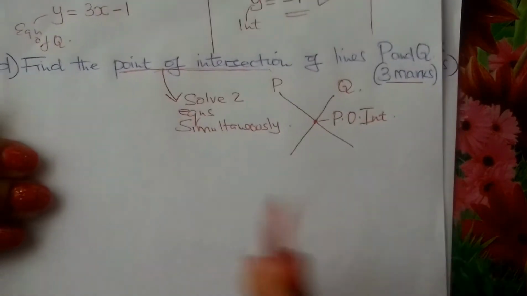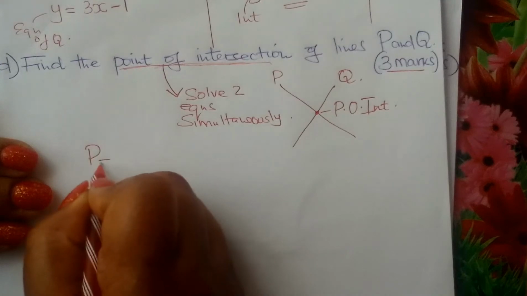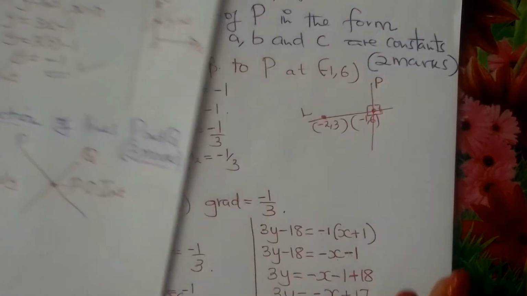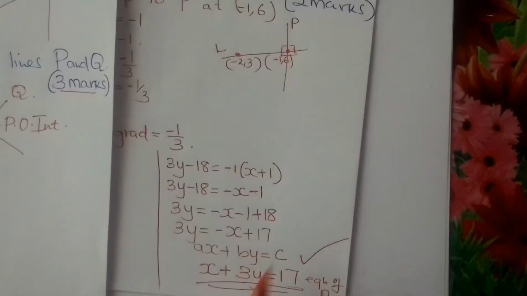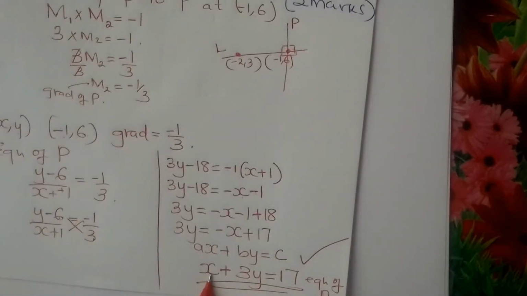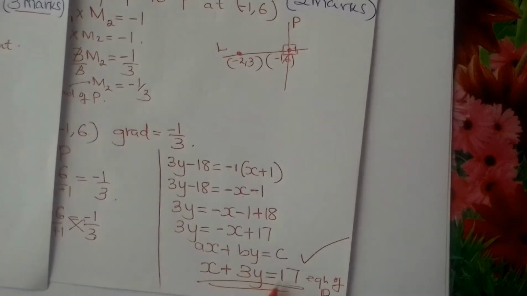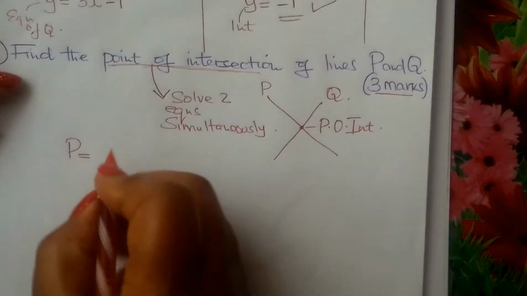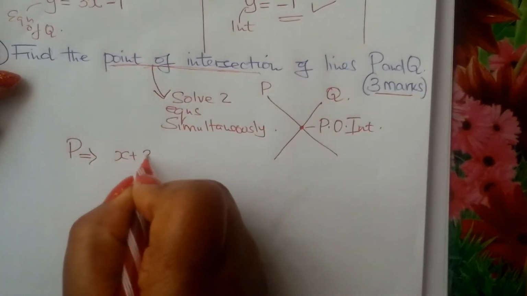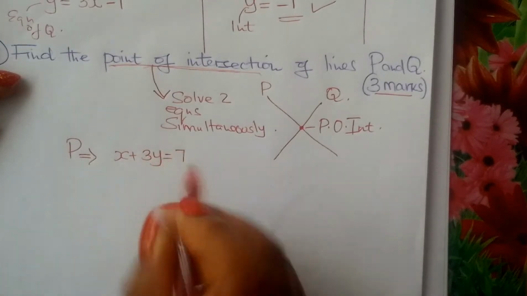So what is our equation of line P? Line P, learner, it was this one here in part B. X plus 3y equals 17. So we write it. X plus 3y equals 17.